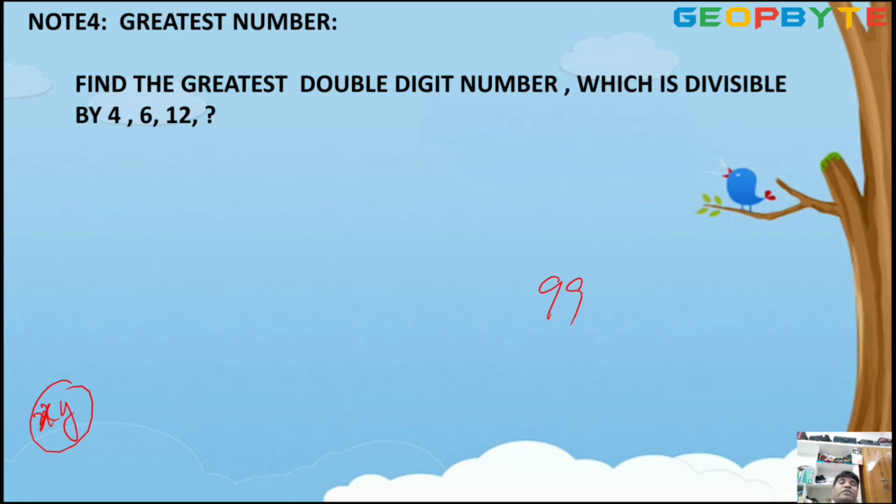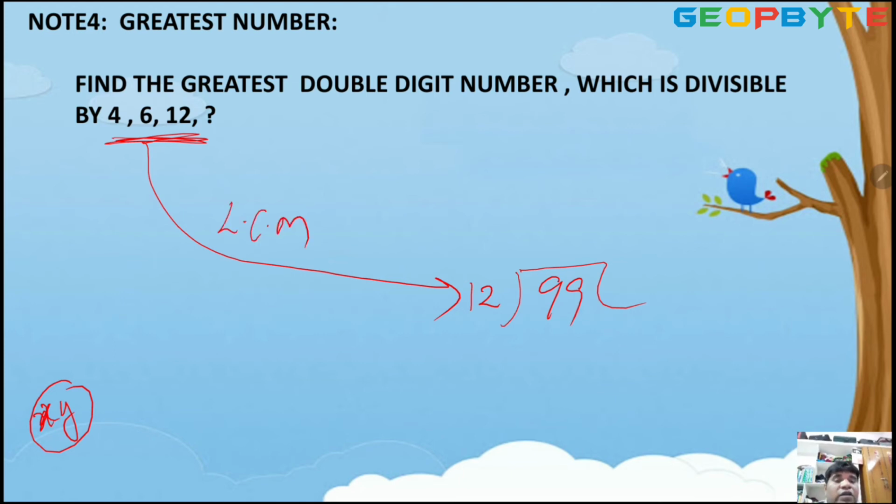Simple logic. Initially the greatest double digit number is 99. That 99 is divided by the LCM of 4, 6, 12. The LCM is 12. Why are you taking the LCM?